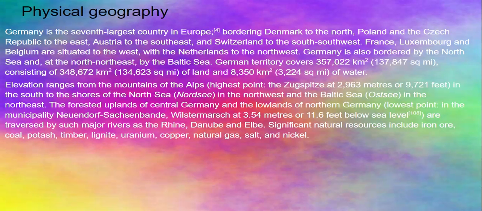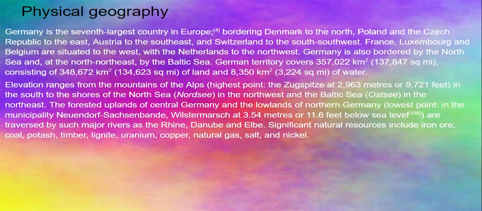Physical geography. Germany is the seventh largest country in Europe, bordering Denmark to the north, Poland and Czech Republic to the east. I guess I have read this before. Elevation ranges from the mountains of the Alps, highest point, the Zugspitze, at 2,963 meters or 9,721 feet in the south, to the North Sea in the northwest, and the Baltic Sea, Ostsee, in the northeast.